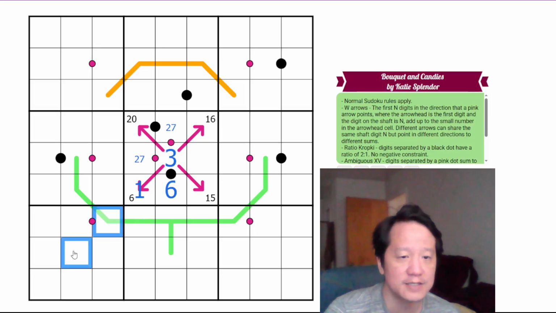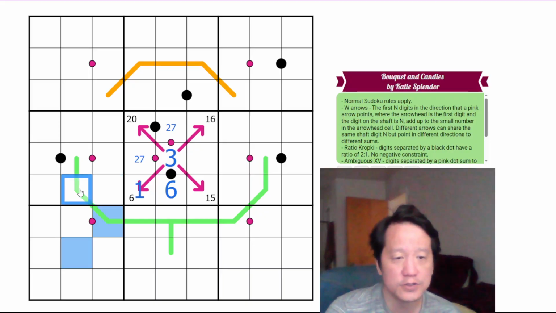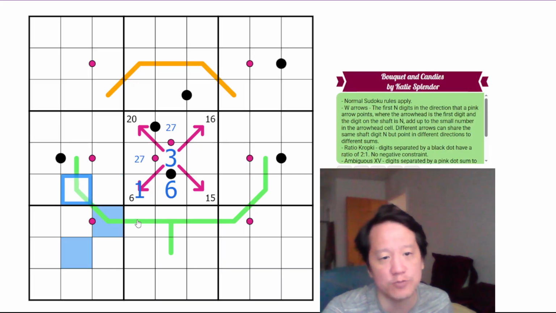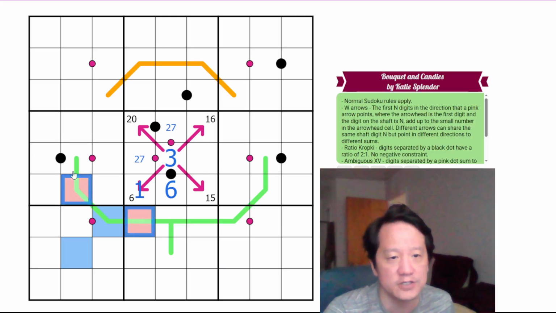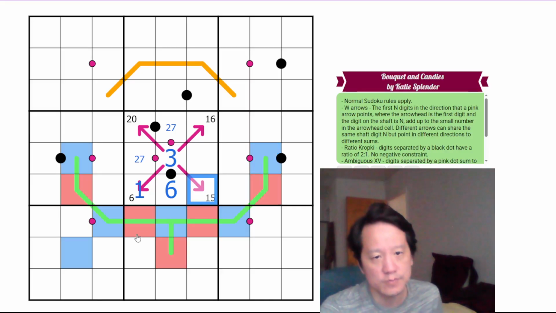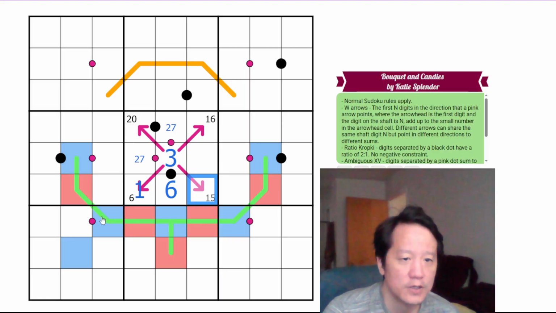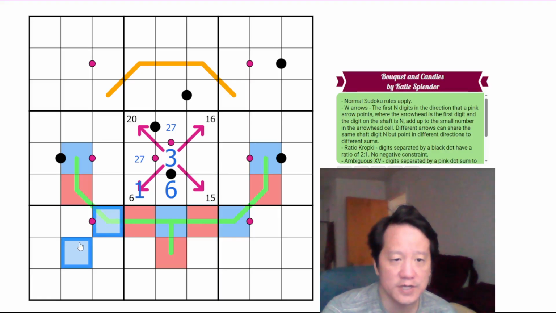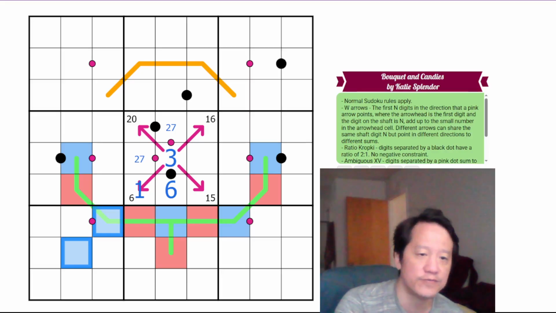And since this adds up to 5 at most, both of these have to be low here. So therefore, this next to it on a whisper 5 line can only be high digits, which means these are low digits, which means these are high digits, which means this is low, this is high, and that's low. Okay. So these have to add up to 5, so they're 1 through 4.